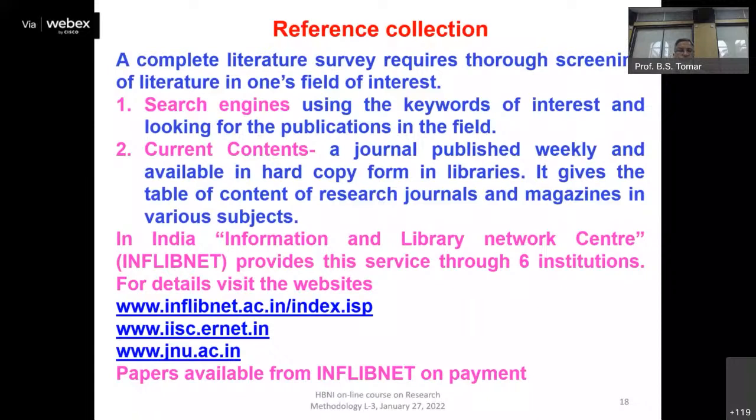You can also go to IISc Bangalore or JNU. You can order papers from INFLIBNET upon payment. So these are the interesting portals through which you can get the literature. But I know most of your CIs have excellent libraries, and they also have authorization to access the online journals.